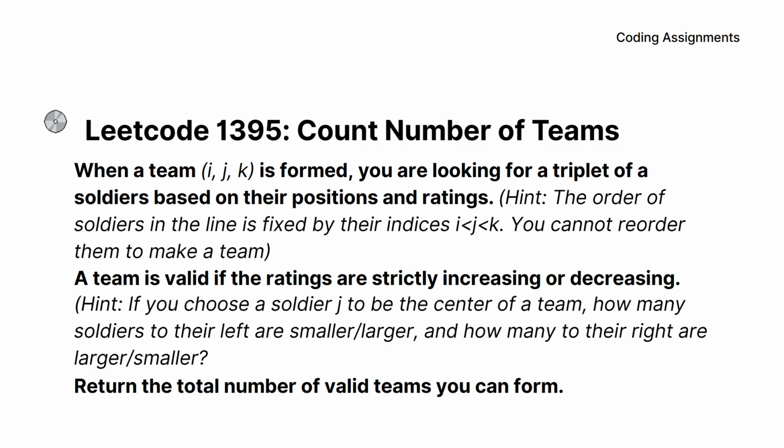I have a hint for you to do this problem. If you choose a soldier j to be the center of the team, how many soldiers to the left are smaller and how many to the right are larger? And for the second case, you only have to do the opposite. And finally, you will return the total number of valid teams that you can form.